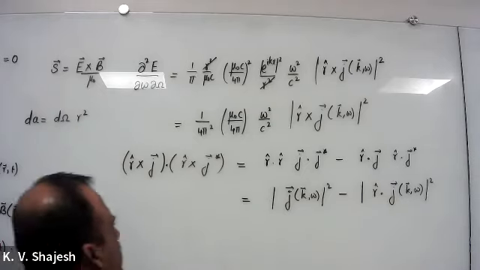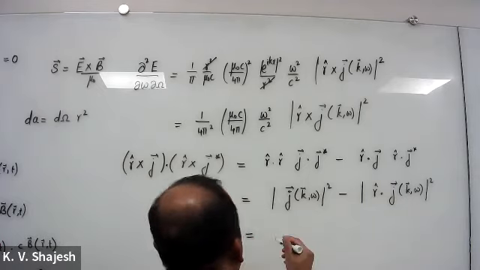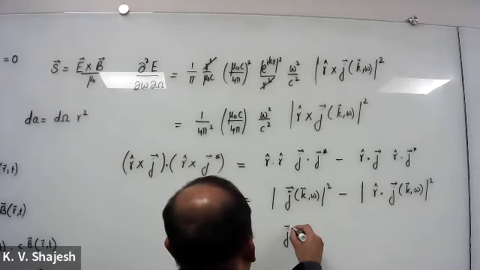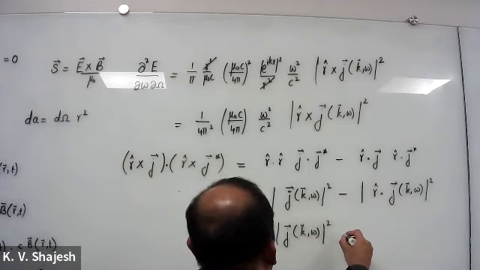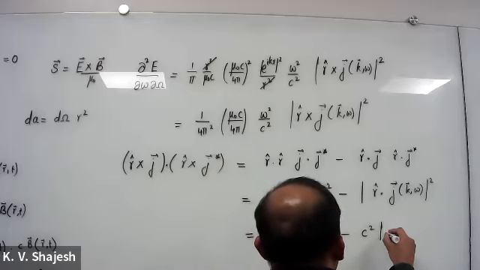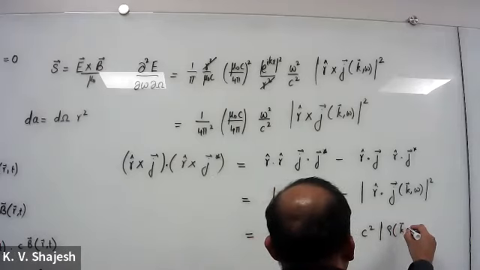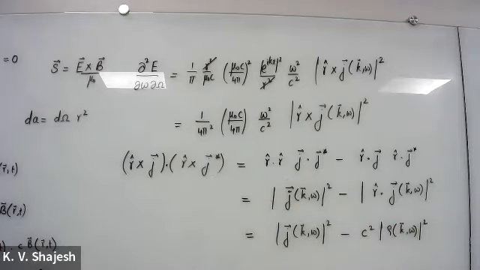So this is |J(k, omega)| squared minus c squared times |rho| squared. So in this way, we write it in terms of both current and charge dependence.